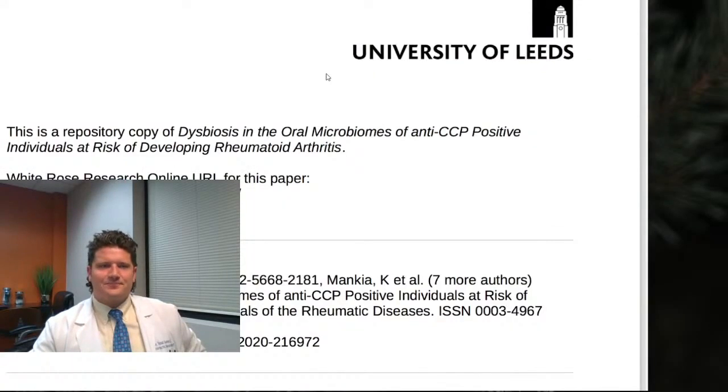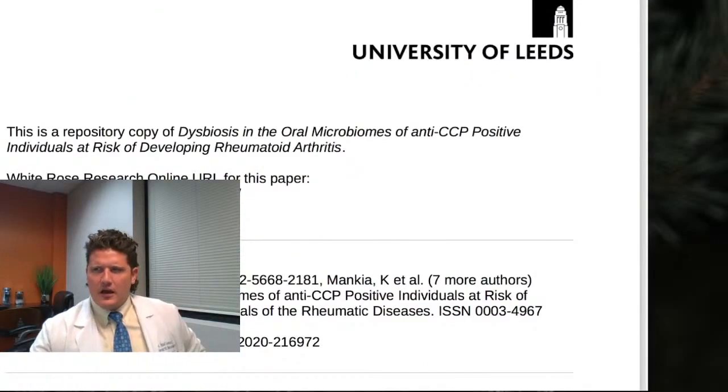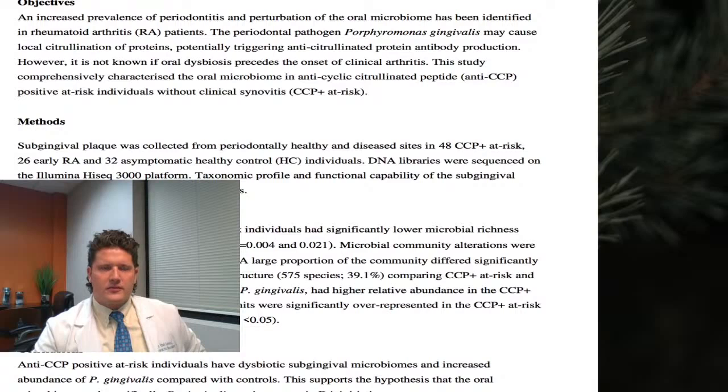All right. Now, this is kind of the most recent article. This is from 2021 out of the University of Leeds in the UK. There were also some other researchers from all over the planet. And this was a great article in that they're talking about the same relationship of an increased prevalence of periodontitis and perturbation of the oral microbiome has been identified in rheumatoid arthritis patients.